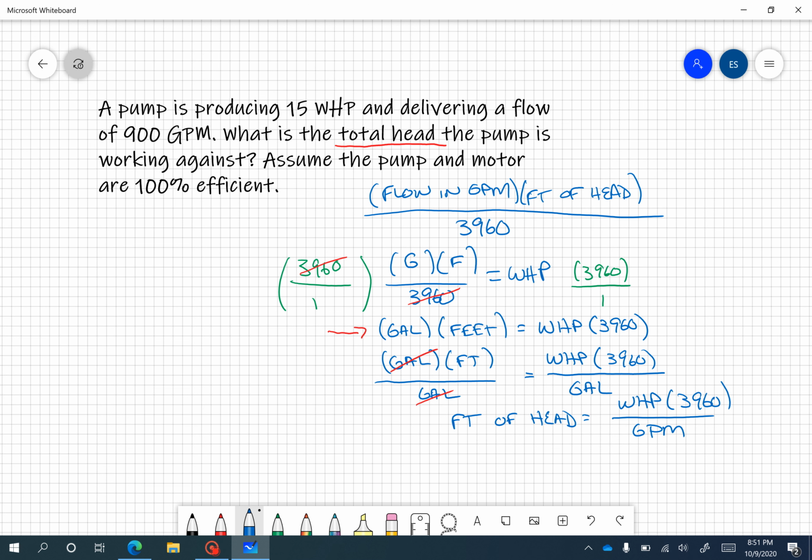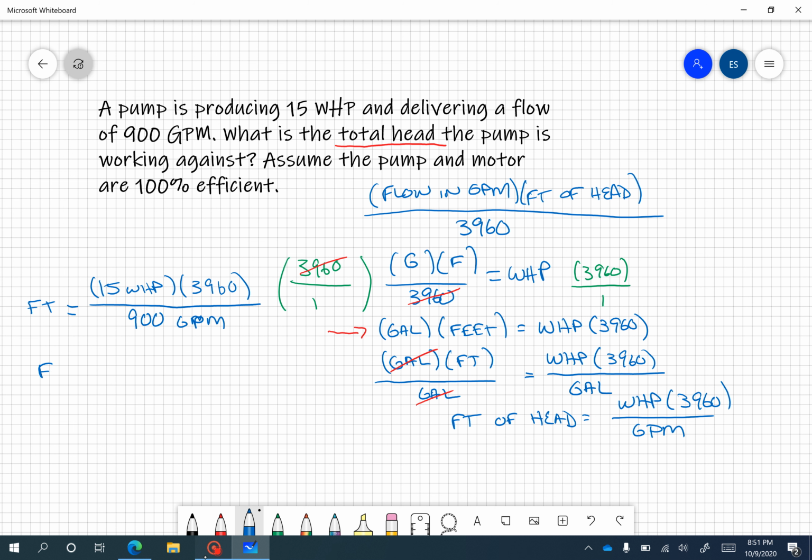So we have feet of head equals water horsepower, which was 15, times 3960 divided by gallons per minute, which was given as 900 gallons per minute.